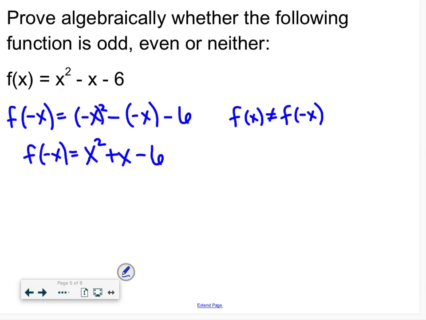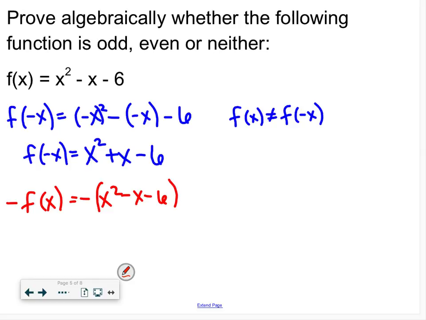Okay. Well, for an odd function, f of negative x would need to look the same as negative f of x. Okay. All we have to do for negative f of x is take the function, put it in parentheses, and throw a negative out in front.